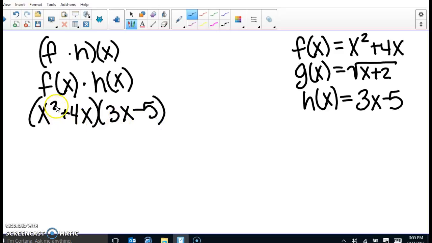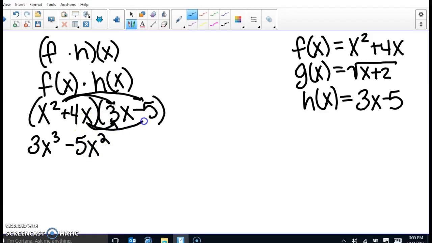And now we'll need to distribute or FOIL to calculate. So we have x squared times 3x, x squared times negative 5. And that gives us 3x cubed minus 5x squared, and then 4x times 3x, 4x times negative 5.